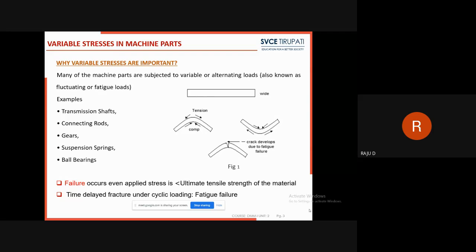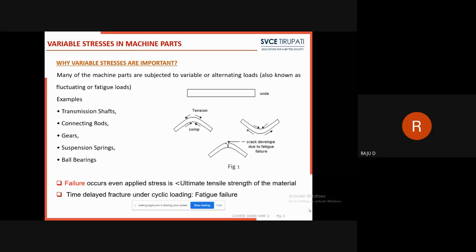In our single point cutting tool also, when you remove material from our mild steel bar, what happened? In the elastic limit condition, we are having only a discontinuous chip. Yes or no? After crossing the elastic limit, in the plastic limit condition, we have a continuous chip. Why?